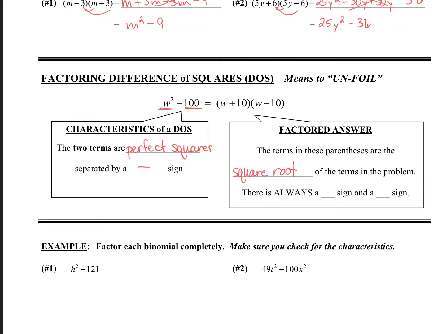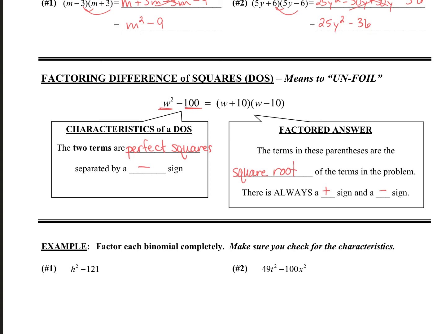And there's always one addition and one subtraction sign in the factored answer. If we understand that the factored answer is just the square root of the first term and the square root of the second term, with one subtraction and one addition, we can make factoring difference of squares pretty easy.